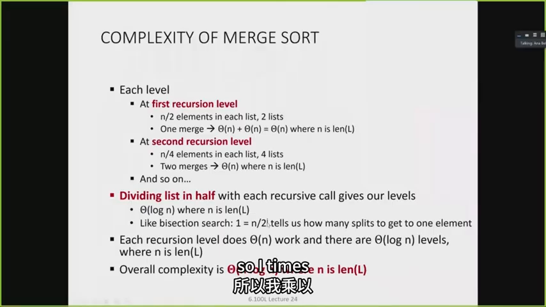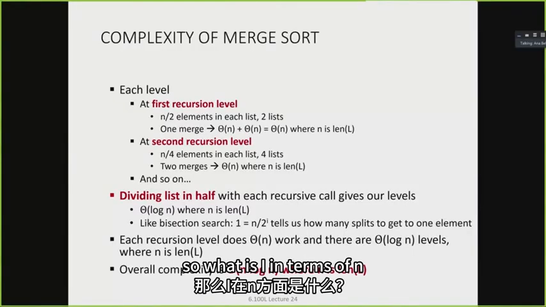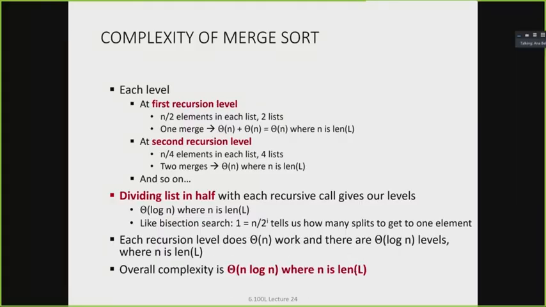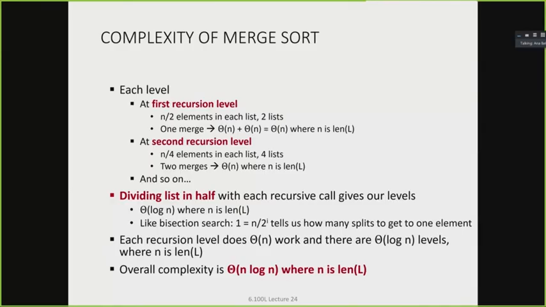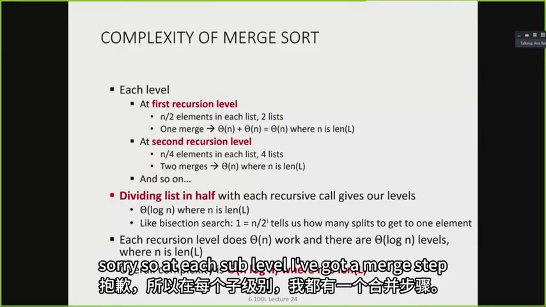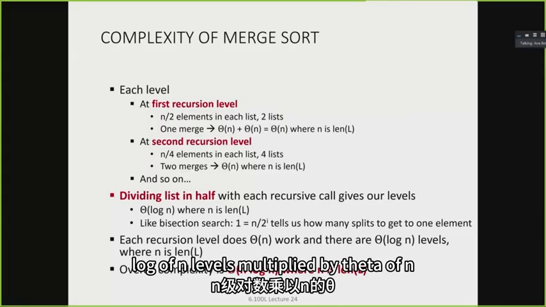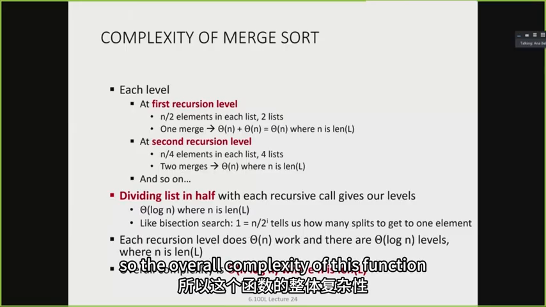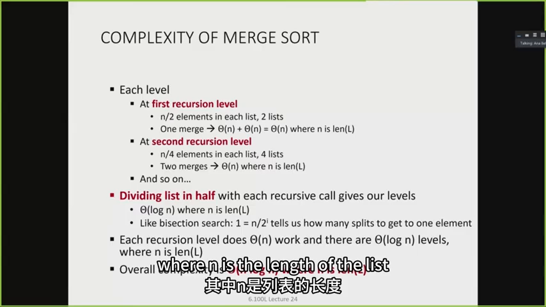So i times is how many times we're going to subdivide this list until we get to a base case. So what is i in terms of n? Well, i is equal to log of n. Right? So at each sublevel, I've got a merge step. So I've got theta of log of n levels multiplied by theta of n for my merge step. So the overall complexity of this function is theta of n log n, where n is the length of the list.